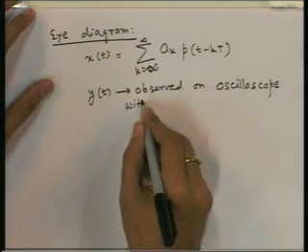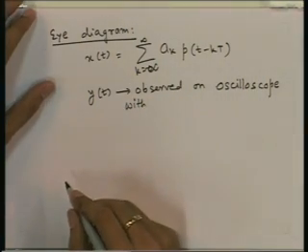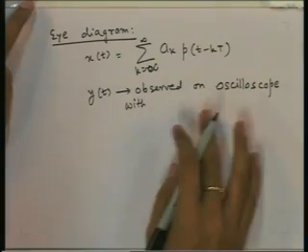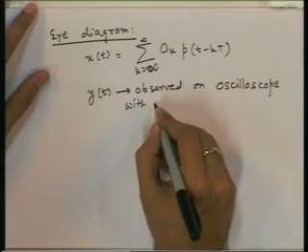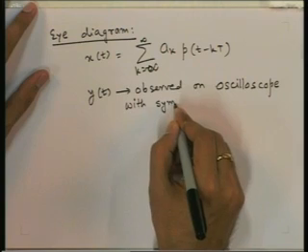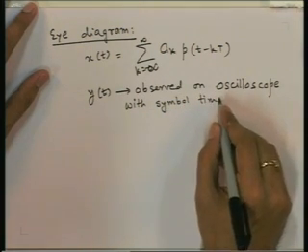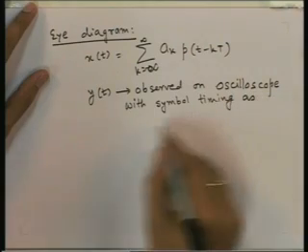So, we should have some synchronization to view anything which will make sense. So, oscilloscope with symbol timing as trigger.